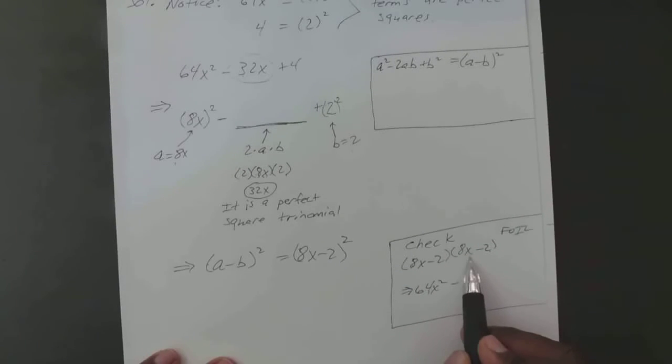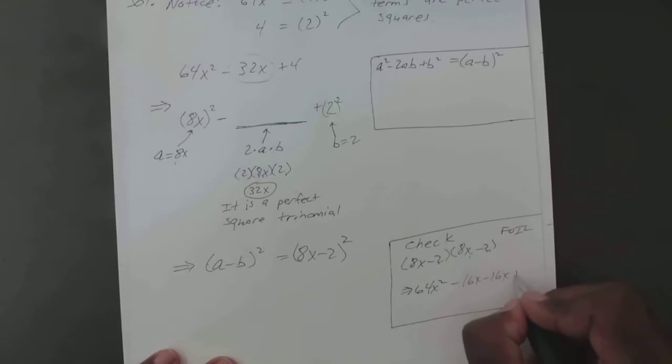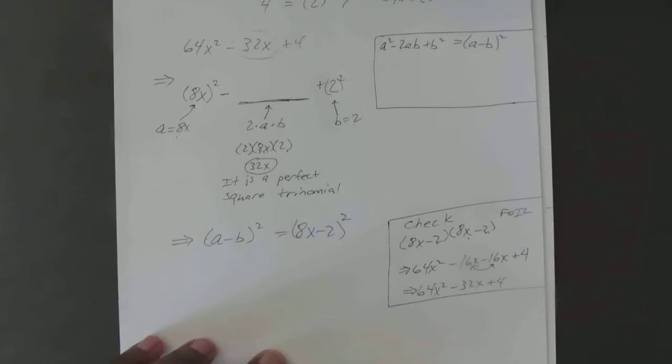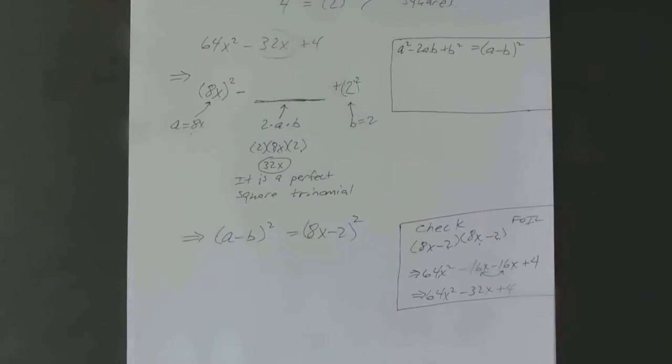Your inner is 2 times 8x, which is negative 16x. And your last is negative 2 times negative 2, which is positive 4. Combine those like terms, and you end up with 64x squared minus 32x plus 4, which is where you started. All right. So any questions on that one?